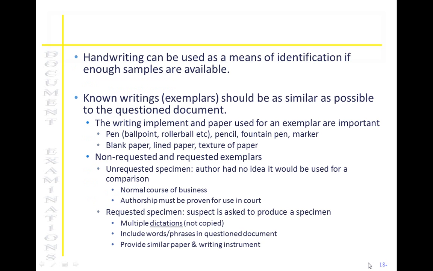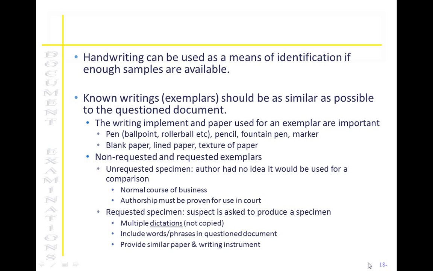So handwriting can be used as a means of identification if enough samples are available. So there's once again the need for known writing exemplars, and these should be similar to the question document if there's going to be comparisons to the document itself.